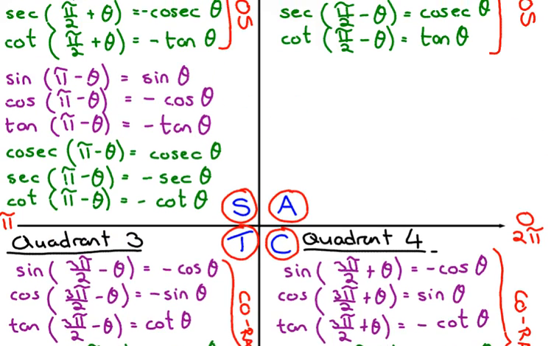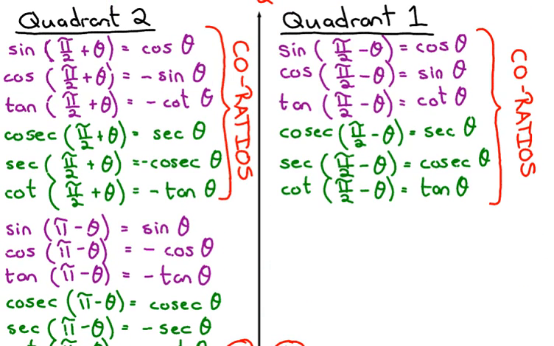So all of our other trig ratios are going to be negative. You've got to look at the original function. So if I've got sine of pi over 2 plus theta, sine is positive in that second quadrant, so I'm going to have positive cos theta. Remember your name change. And this follows through, now also incorporating our tan and our reciprocal functions.